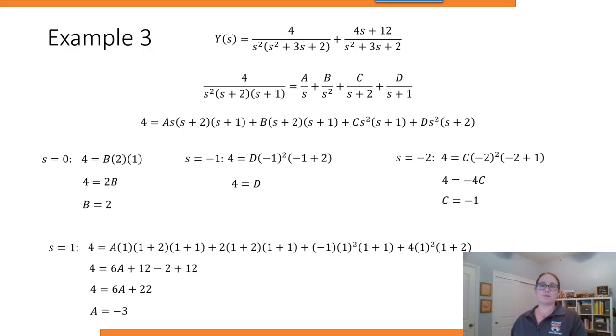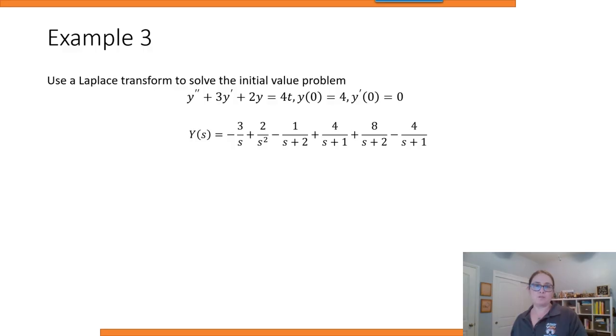So I have all 4 of my coefficients now, or sorry, my numerators, and I can break up that big fraction into -3 over s plus 2 over s squared minus 1 over s plus 2 plus 4 over s plus 1. And finally, I'm ready to apply that Laplace transform to my equation.